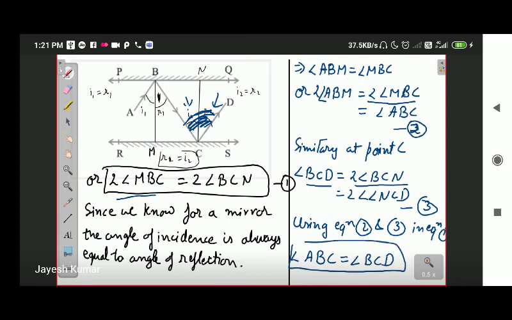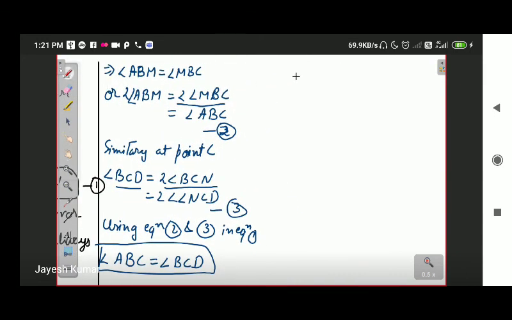Okay. Now see, watch carefully. What I've proved now is this was our incident ray, this is the reflected ray, this is again the final reflected ray. This point is A, this point is B, this point is C, this point is D. I have proved that angle ABC and angle BCD are equal.